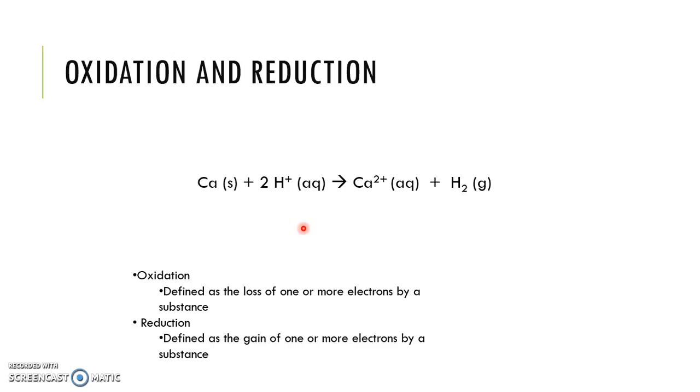Therefore, you need to assign an oxidation number to each substance in this reaction. Calcium has 0 oxidation number, hydrogen ions +1, and after the reaction, calcium has a +2 oxidation number and hydrogen is 0.